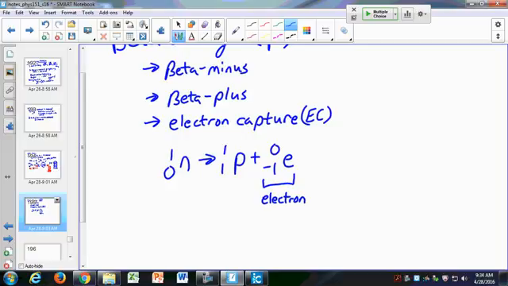We talked about this earlier, but my Z number for an electron is -1, and that denotes the charge of the electron. Plus a neutrino. We'll talk about those in just a bit. So this electron is a beta minus particle.